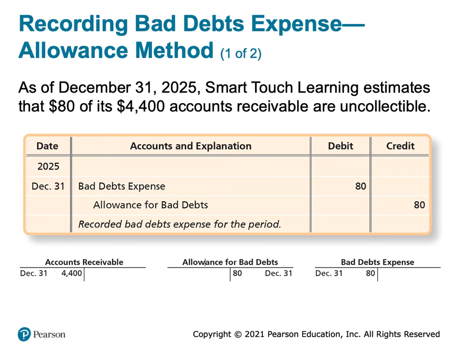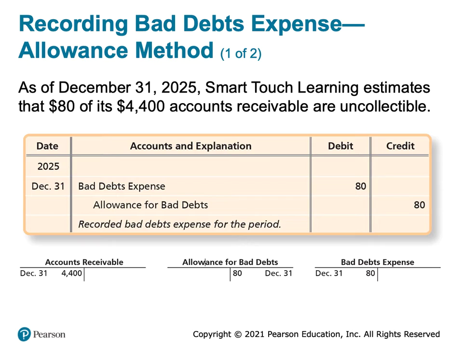So when we use the allowance method, we have this example of recording a bad debt expense. At the end of the year, we're going to do an adjusting entry where we will estimate how much of our current accounts receivable will not be collected. You can see here that on December 31st, we've estimated that $80 of our 4,400 accounts receivable is not collectible.